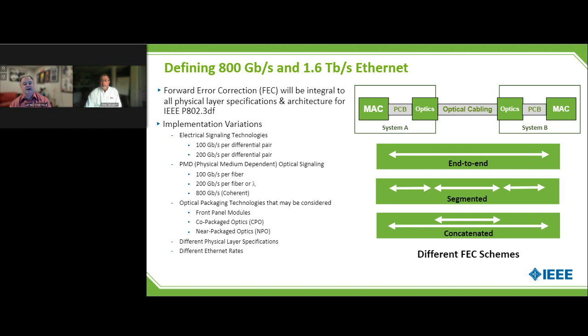What I mean by that is if we're talking 10 or 40 kilometers and we're starting to go coherent, the general rule of thumb, I would say, is that most people are assuming coherent will need a different FEC, okay? In regards to, let's say, the 2 kilometers and below, where we assume it's going to be more direct detect, this is one of the issues that we need to look at.